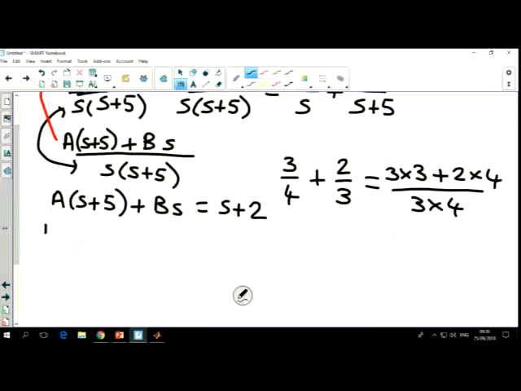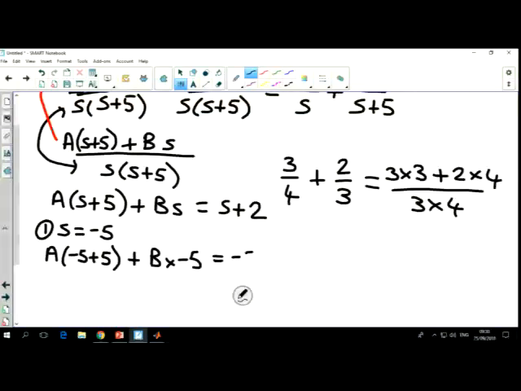So for the first thing I'm going to do, I'm going to make s equals minus 5. Which means that first term disappears because you've got a times 5 plus b times s, so it's going to be b times minus 5 because we've made s equal to minus 5.